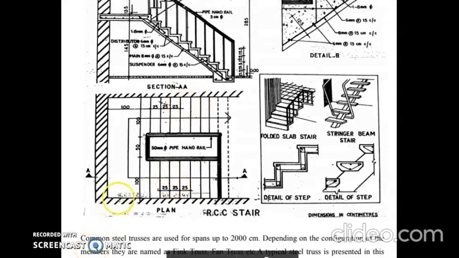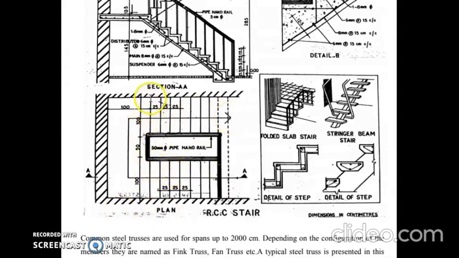Okay, first draw this landing width as 100 centimeter. Then draw the thread width as 25. We know the number of threads. Here the number of threads is 8 in the first flight and 7 in the second flight.